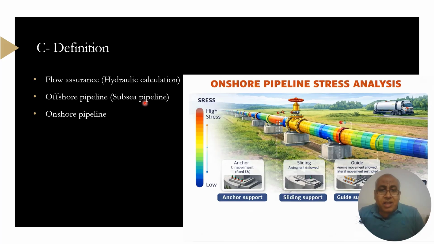And then we have the water effect and the wave effect, which is a major effect for any offshore pipeline. Sometimes textbooks call it an offshore pipeline, sometimes a subsea pipeline. It is the same, because the pipeline at the end will be on the seabed. For a subsea pipeline, maybe you have a higher head in deep water, but in any case it is the same concept.